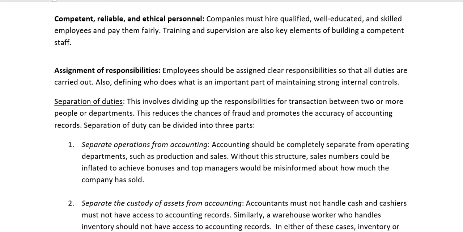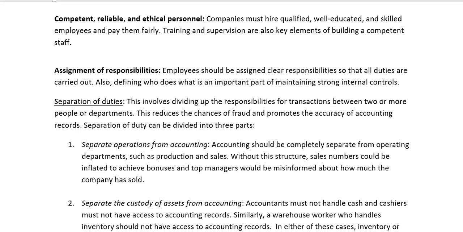Assignment of responsibilities. Employees should be assigned clear responsibilities so that all duties are carried out. Also, defining who does what is an important part of maintaining strong internal controls. So one way to have effective assignment of responsibilities within your organization is to separate duties.